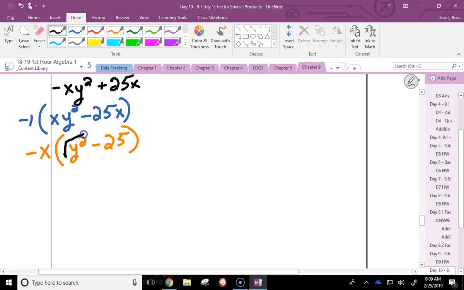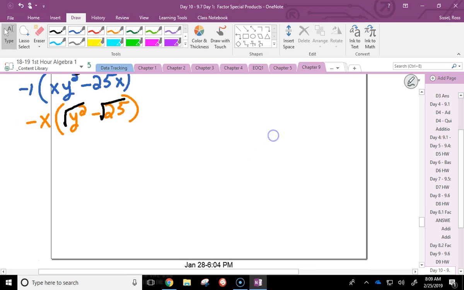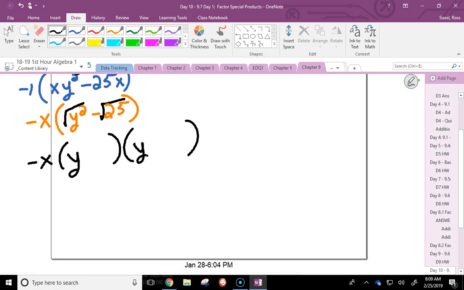Because I can, I have to factor this down. So I still have my negative x over here, and this is going to be the difference of two squares. y squared becomes y, and I'm going to put the y over here. The square root of 25 is 5, a positive 5 and a negative 5.